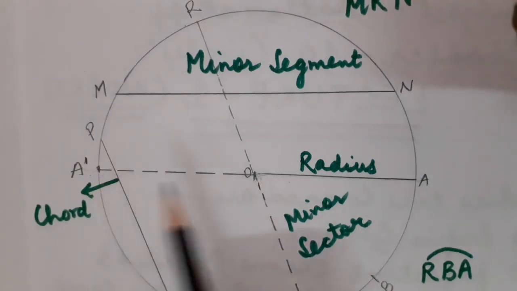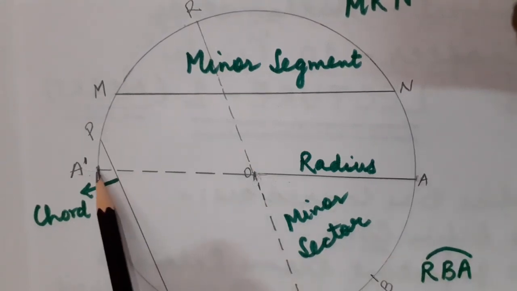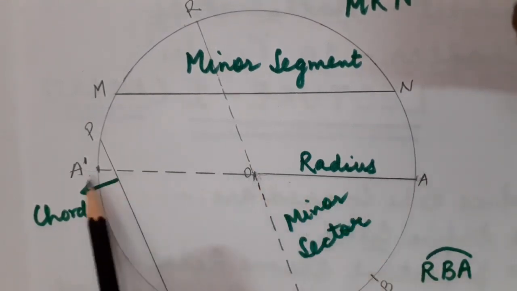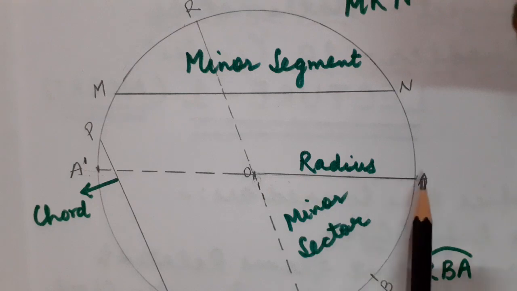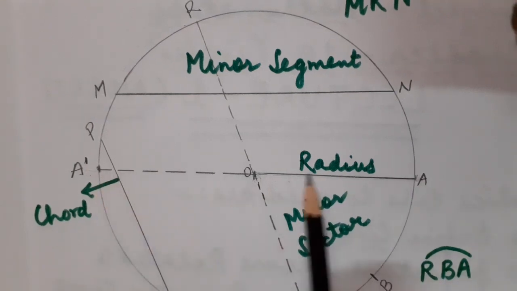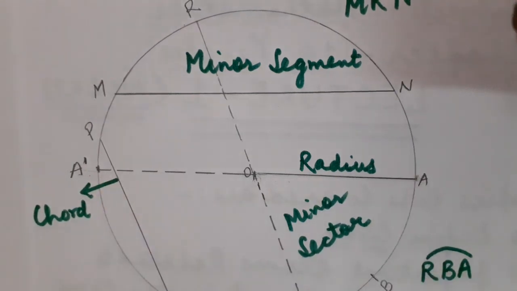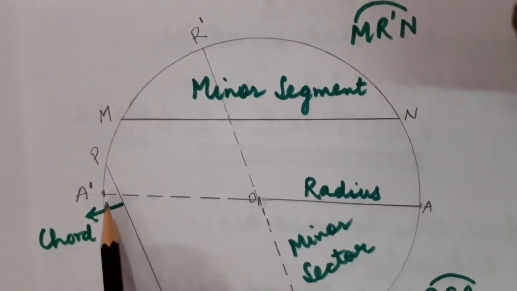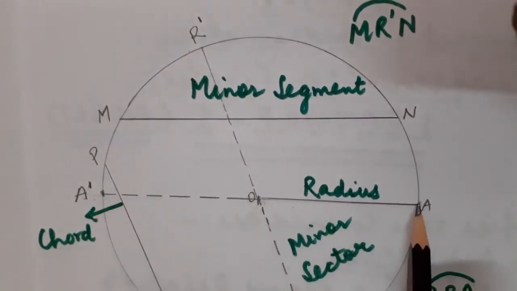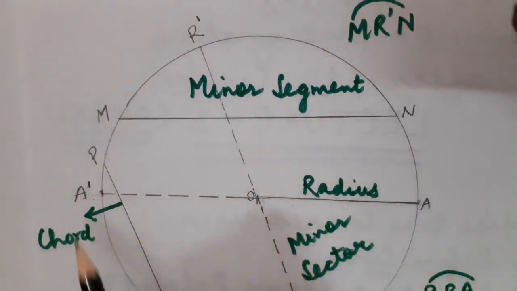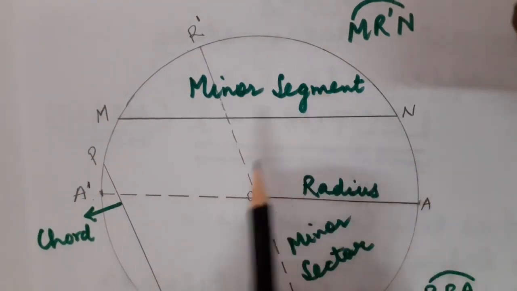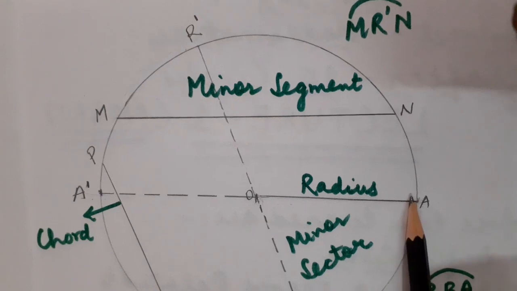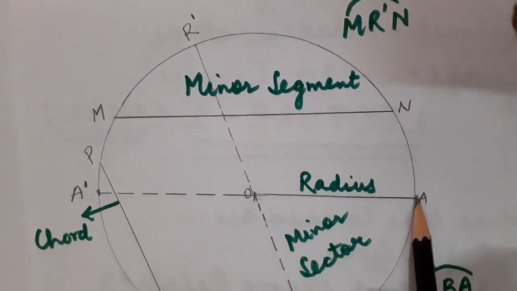And this line segment always passes through the center also. Here you can see A dash is a diameter, R dash is also a diameter. So diameter is a line segment whose both the endpoints lie on the circumference of the circle, and it passes through the center also. Correct, children?